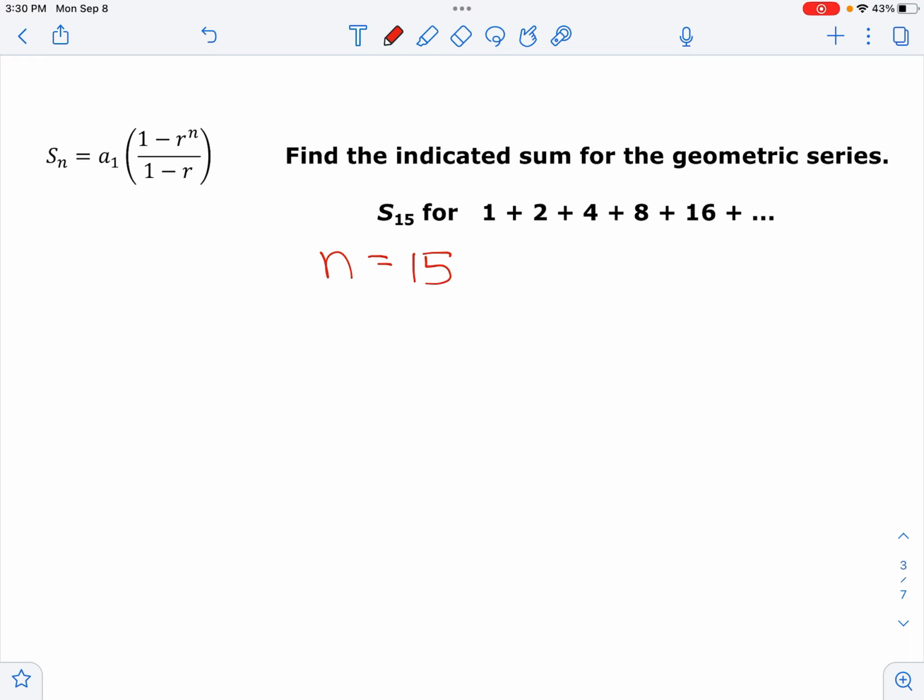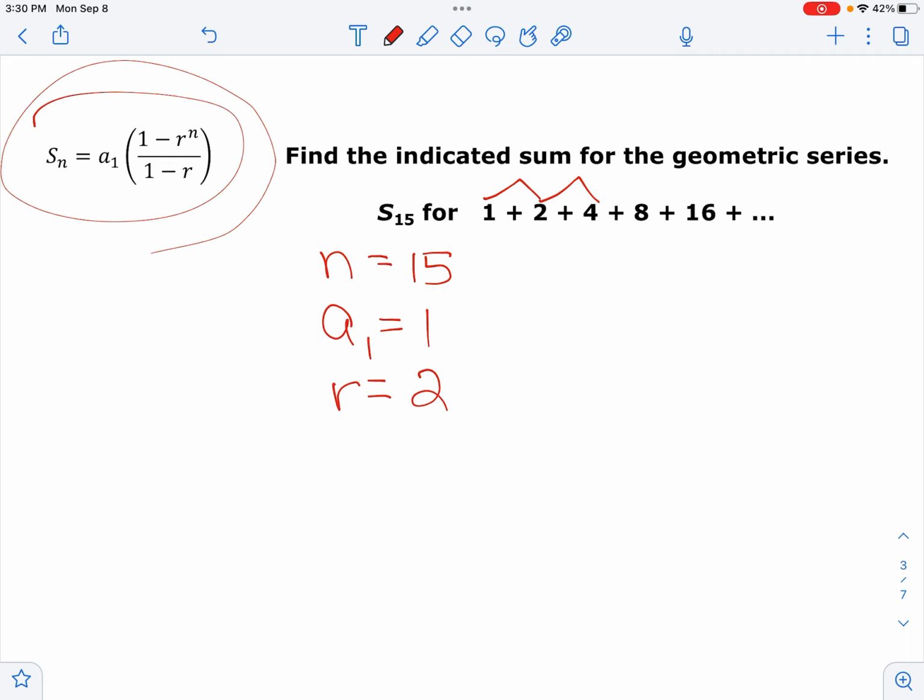I also need to know what a sub 1 is. A sub 1 is 1. That was easy enough. And then my common ratio, you can see here each time we're multiplying by 2. So my common ratio is 2. Now I have enough to use this formula.